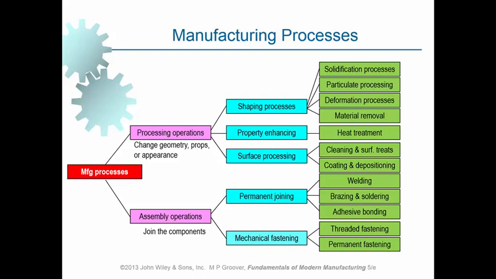Well, in this slide here we can see a description or classification of different manufacturing processes. Well, generally we can divide manufacturing processes into two broad categories, and those are processing operations, including shaping processes, property enhancing or property enhancement, and surface processing.